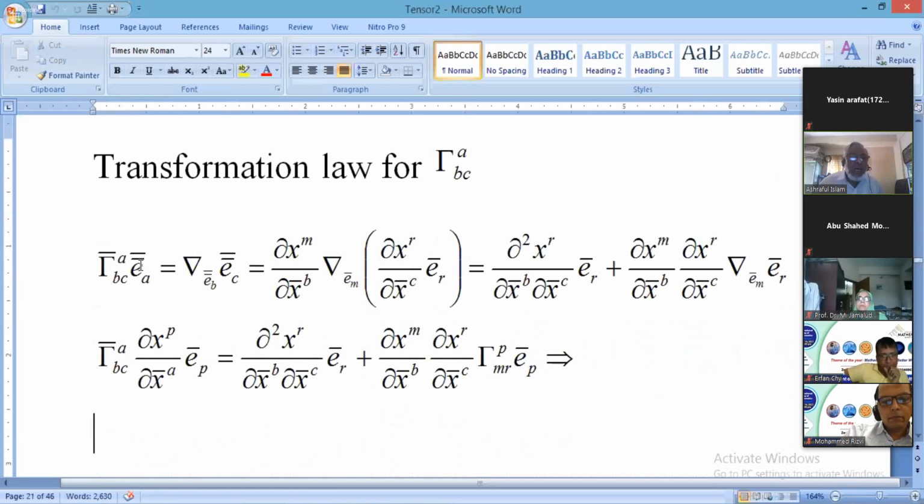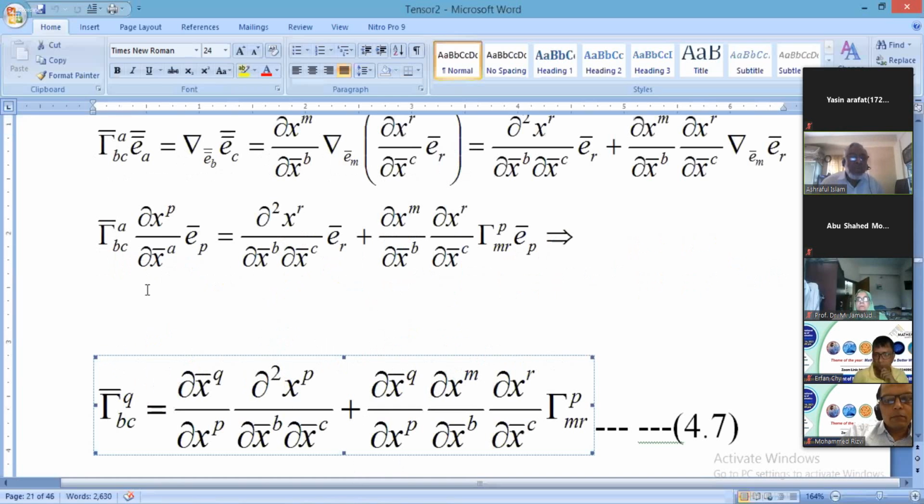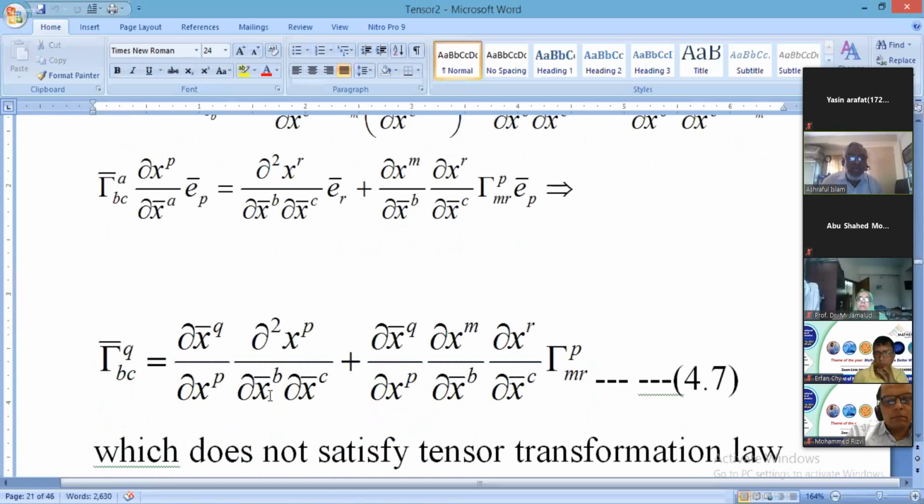If we take the transformation law of this and eliminate the indices, taking R equal to P, then we can eliminate this one. Then we take the inverse of this metric, multiplying this metric, we will get the transformation law of this connection term. So this is not a tensor because of this term. It does not follow the tensor transformation law.